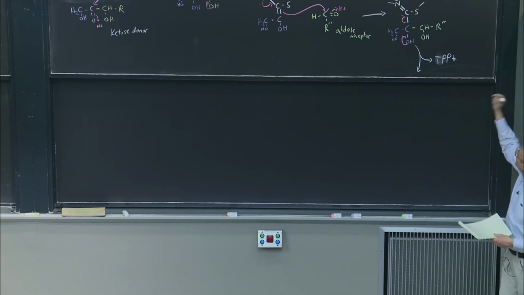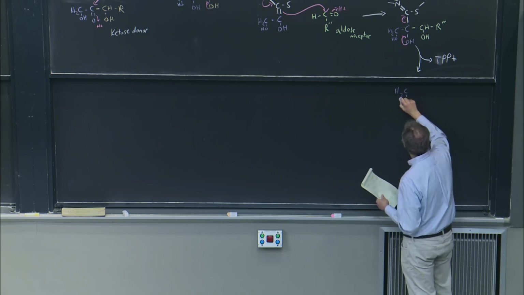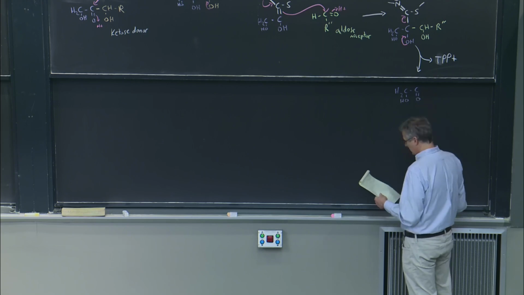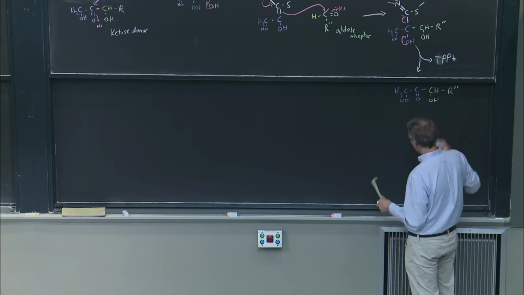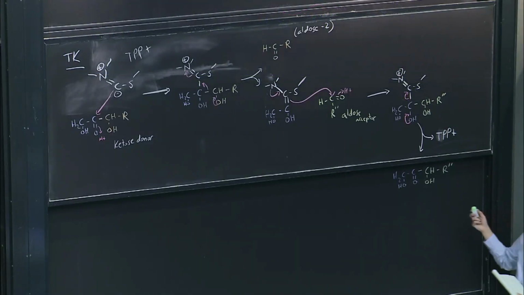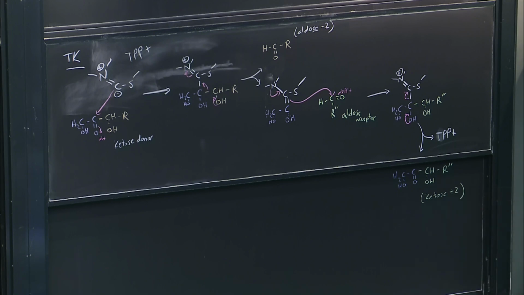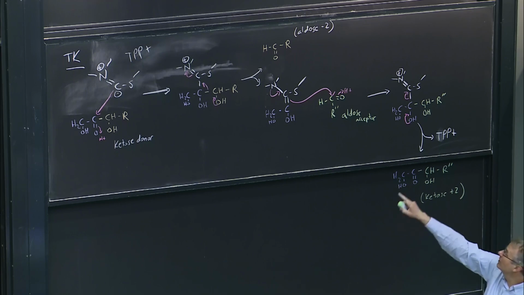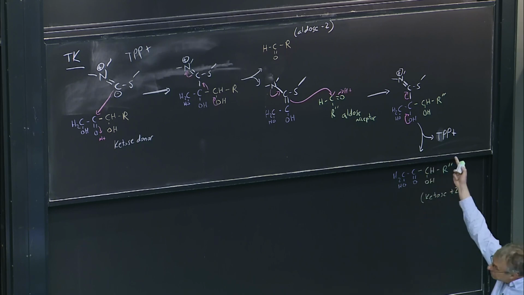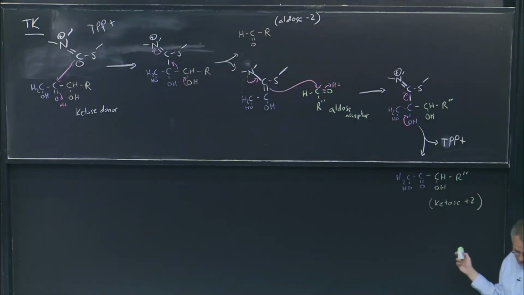Okay, so that then will regenerate TPP plus, and of course, what we're left with is our former aldose, which now becomes a ketose that's 2 carbons longer. And so ketose donor, TPP plus, breaks off the 2 carbons, releases that ketose 2 carbons shorter as an aldose. Those 2 carbons are then transferred to an aldose acceptor, and it becomes 2 carbons longer and becomes a ketose.